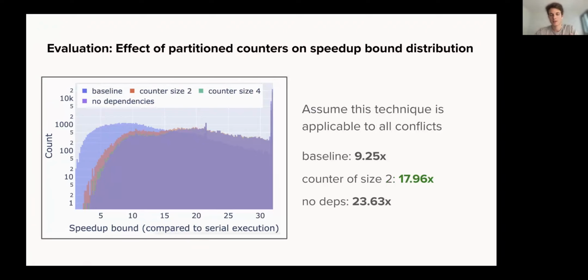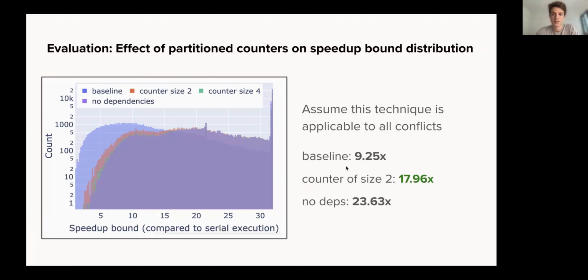We look at perfect information of transaction dependencies, and we look at the best possible schedule on a parallel scheduler. Our baseline here without any partition counters is 9 times speedup compared to serial execution. When we applied the counter of size 2 to all the conflicts, this actually doubled. So the maximum available speedup that we could achieve rose to 18 times compared to serial execution.